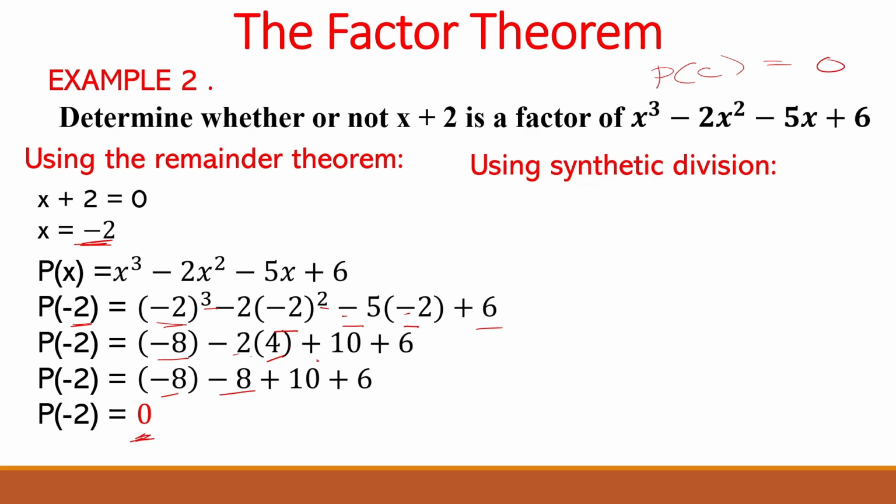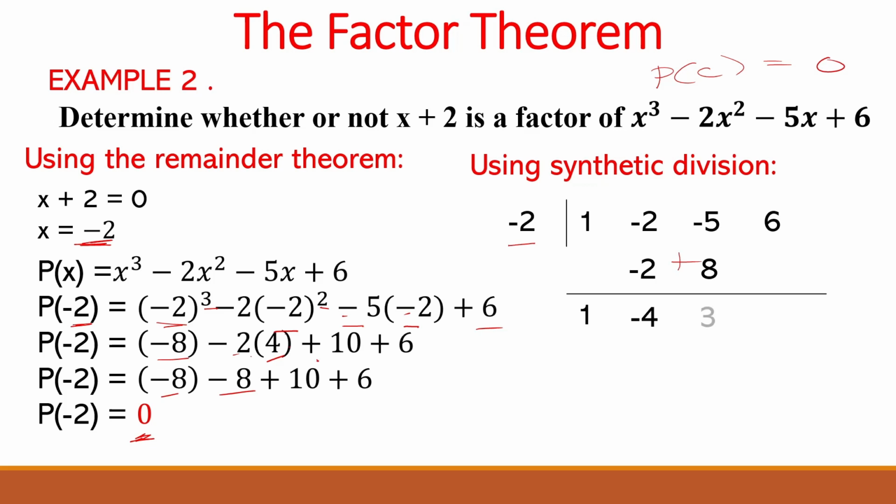So let us use synthetic division to check. So you have 1, negative 2, negative 5, and then 6. So complete naman yung terms and naka-standard form siya. So you divide it by the synthetic divisor, which is negative 2. So you bring down 1. 1 times negative 2 is negative 2. So you have negative 4 times negative 2 is positive 8.